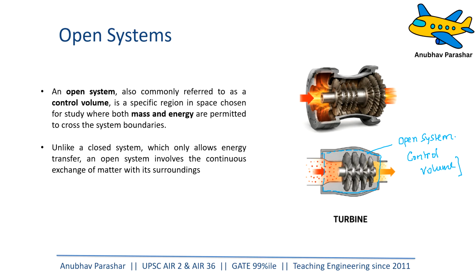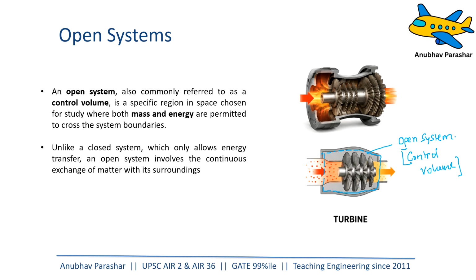And why is it referred to as control volume? Because generally, an open system does not do any displacement work. The volume remains constant mostly, right? So we study the volume of this system and how it is interacting with others.